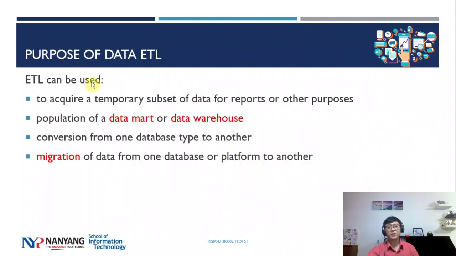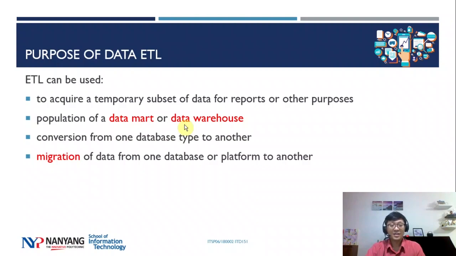Okay, so what's the purpose of having this extract, transform, load, right? Basically, we want to acquire only a certain subset, because sometimes you wouldn't want to have all the data. You just want to scrutinize the part of the data that is relevant. Then of course, you have to convert some of these databases to another form, right?